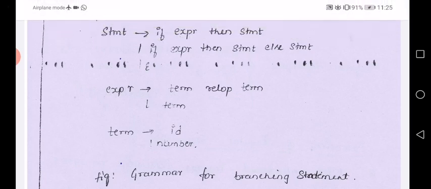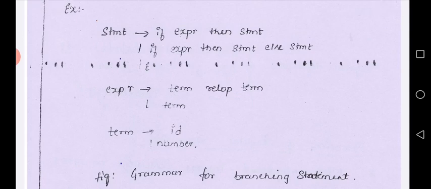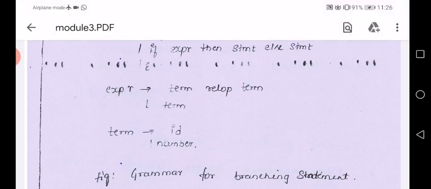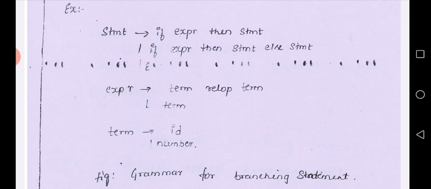Now, when it comes to the if statement, just imagine we are writing a C program. If, open bracket, some expression, like if n is greater than 1, close bracket, then a statement will be there. If this expression matches, then below that we will have a print statement. That stmt stands for a print statement.